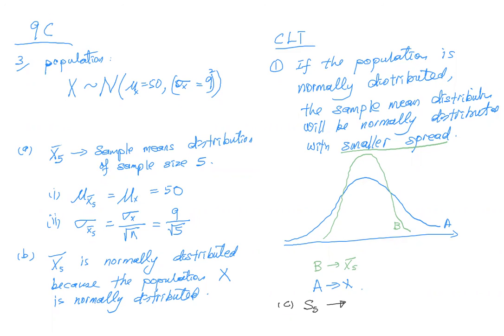What is the difference between X and X bar? What is the difference between X bar and S? S is the sum. X bar is the average.